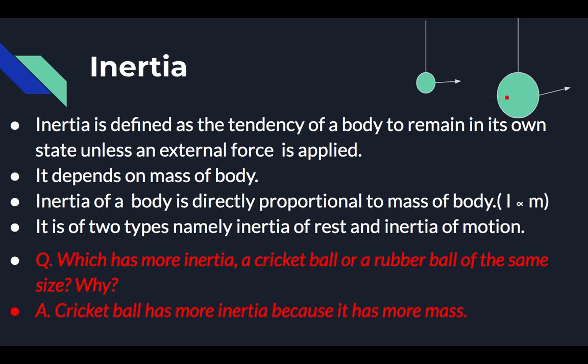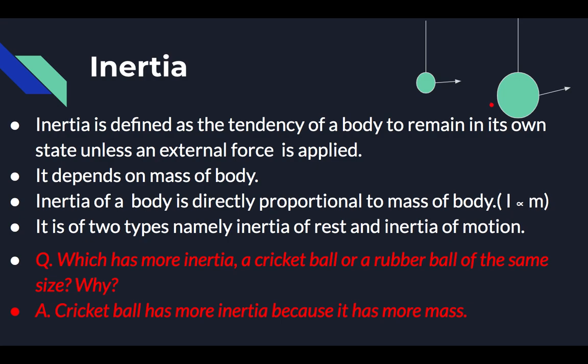When you apply the force, of course it will change the state from rest to motion. But my question for you: whenever you push them, which sphere will come in motion easily? Of course, the small sphere. For the big sphere, it is very difficult. You have to apply more force to bring it in motion. Why? Because it has more inertia of rest.